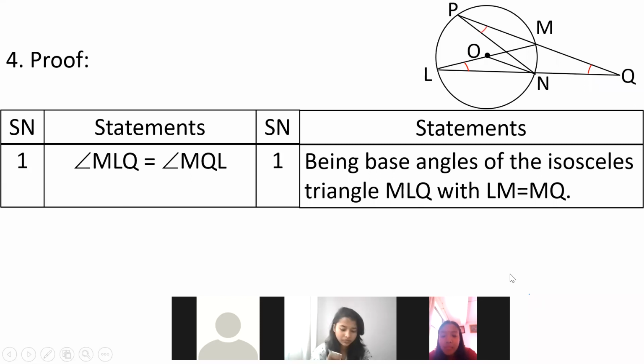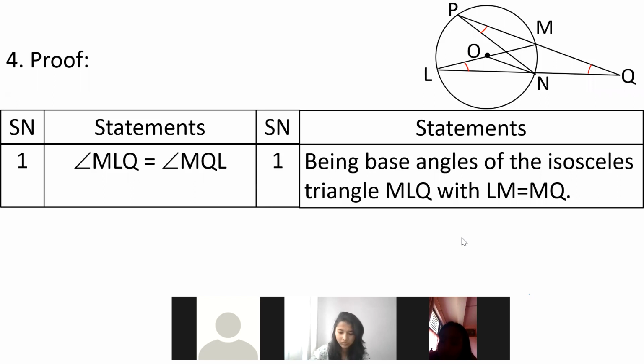Next, we can see angle MPN. And angle MPN is equal to which angle? We have learned many theorems in circles. So using the theorems of circles, this angle equals angle MLN, because these two angles are inscribed angles formed on the same arc MN.